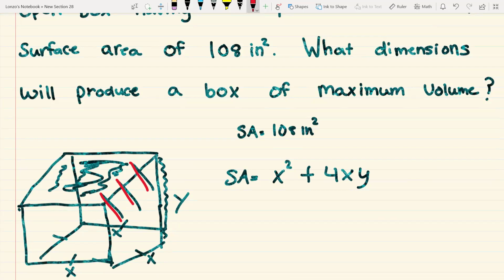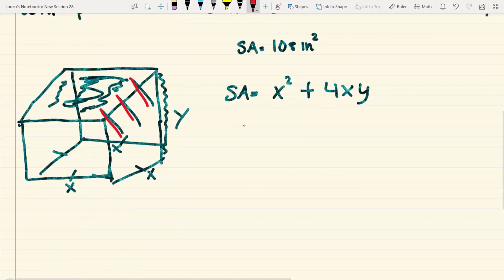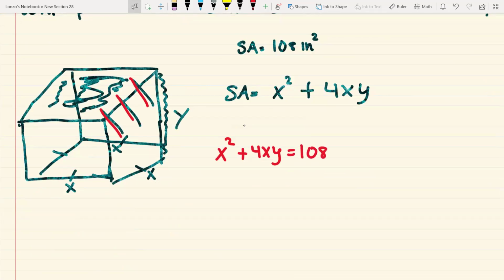That's why it's plus 4xy, and that is equal to 108. So let's rewrite this as x squared plus 4xy equals 108. I believe this will be our first equation. Maybe I should box it.